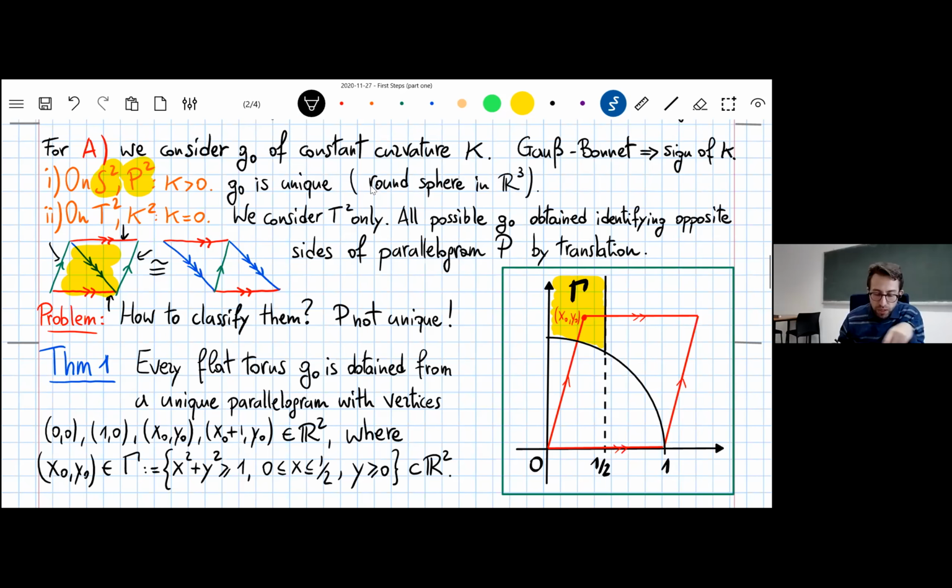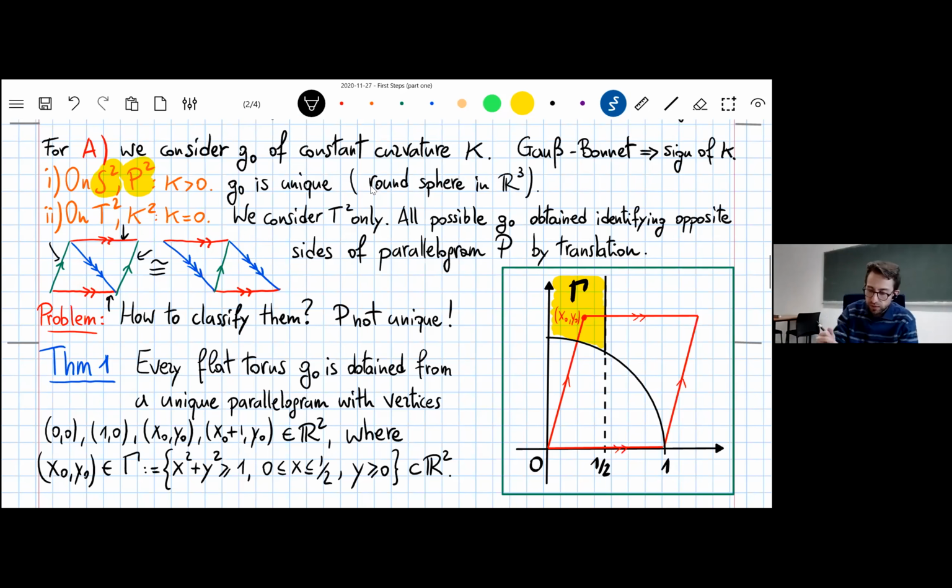Now, for example, here you can cut along the diagonal and get back a new parallelogram, which gives you the same metric. So already here we find a very interesting problem. How can we classify these metrics? And this is a classical theorem saying that if you want to classify flat metrics on the two torus, you can just do as follows.